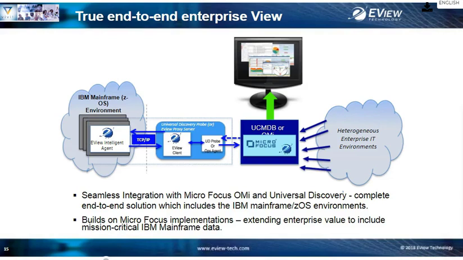The eView client communicates with that mainframe, and as you'll see when we go over to the UCMDB interface, mainframe discovery adapters exist within the content provided by Micro Focus, which takes advantage of this eView client installed on the probe and the mainframe agent installed on the mainframe.